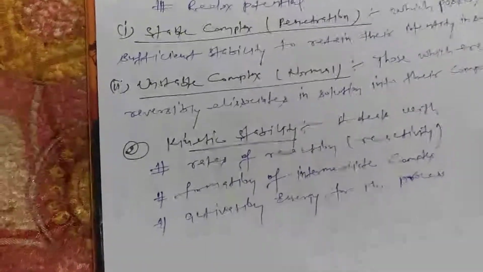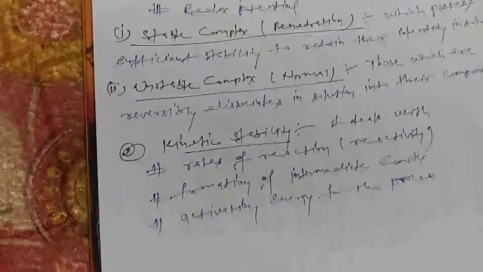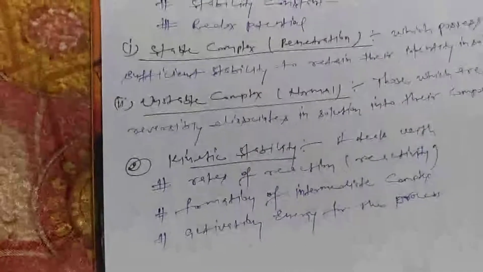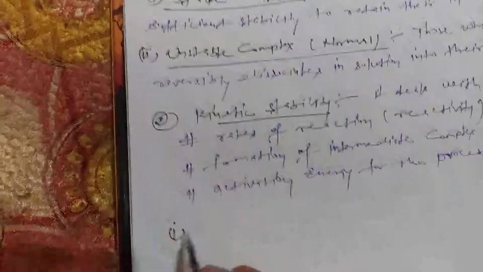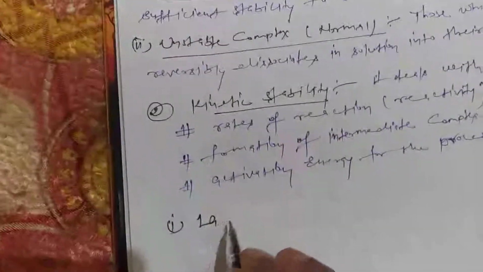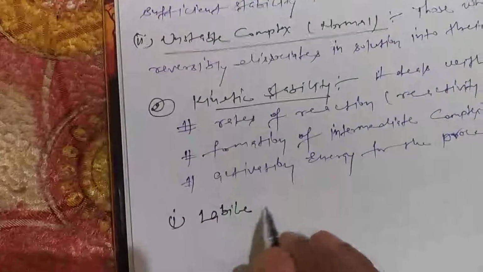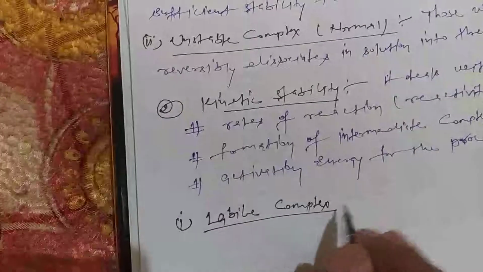Based on these points, we can again divide kinetic stability into two types. The first type is called labile complex.